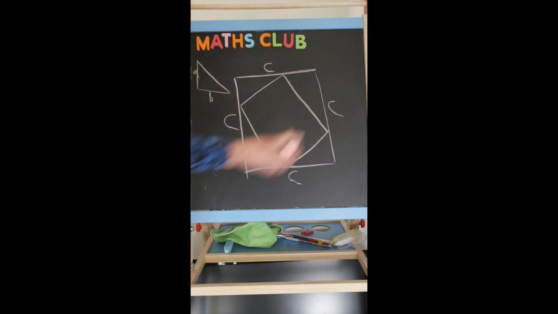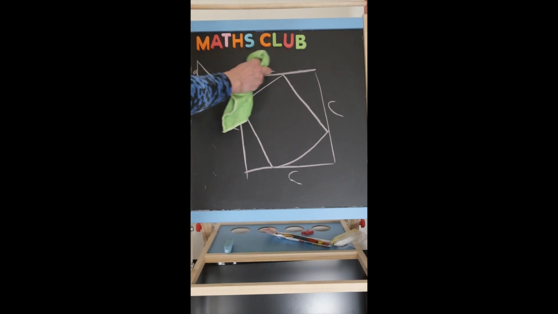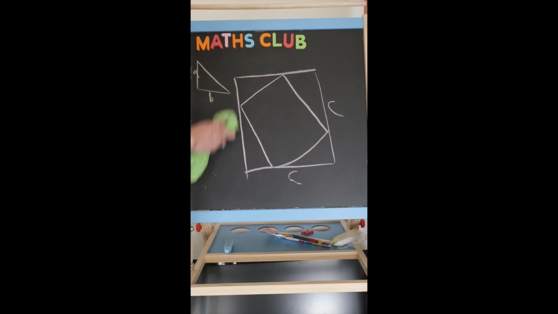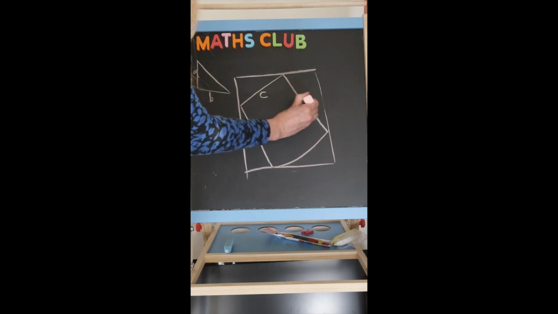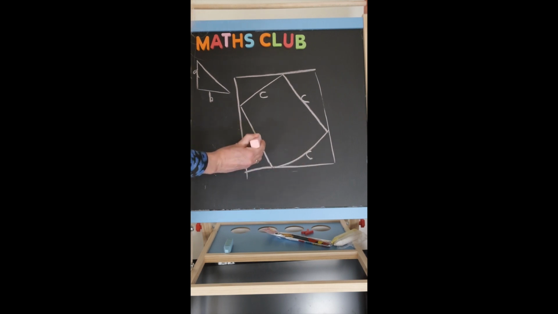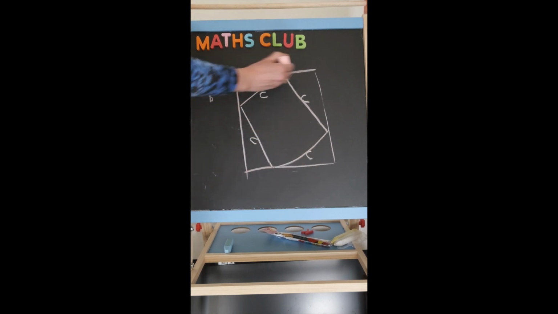Right, I've just realised I've made a mistake, but not to worry. So cross this out. That's not C. This is C. Alright, let's keep calm and carry on. Right, so that's C, C, C. And then these are our little triangles.